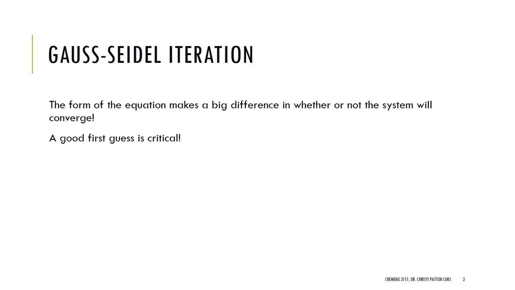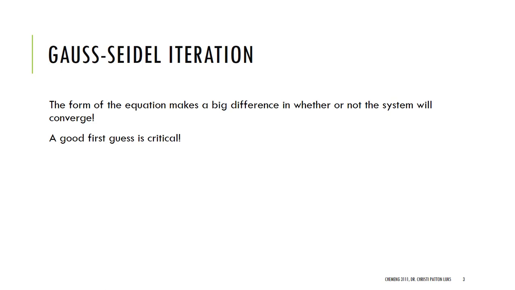Now, we've done Gauss-Seidel iteration for linear systems, and really the technique is the same. But it's really going to be very critical how you arrange the equations. So if you'll recall, the technique is basically to take your equation and solve for one instance of your variable x and one instance of your variable y using different equations, and then just use those iteratively to continue with your solution.